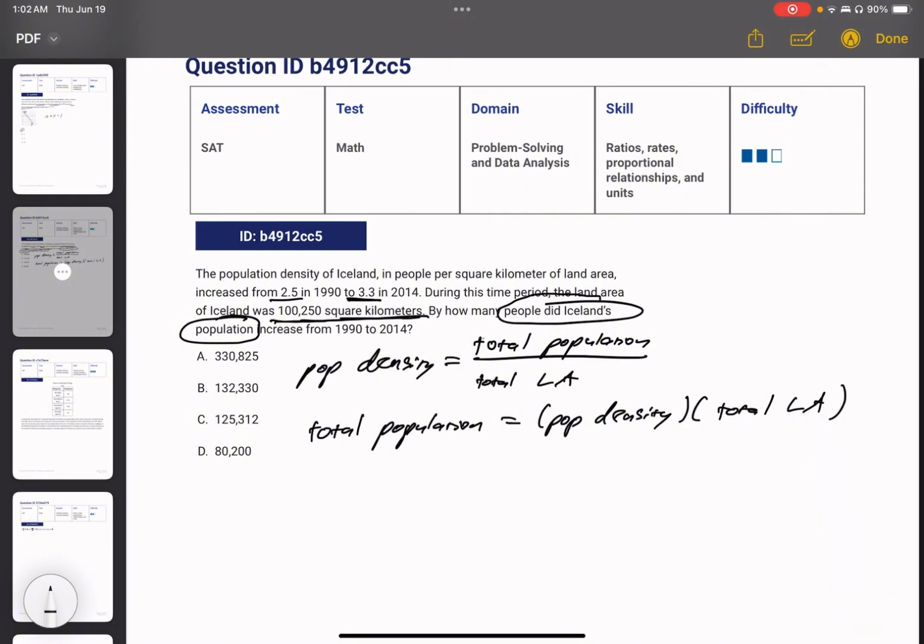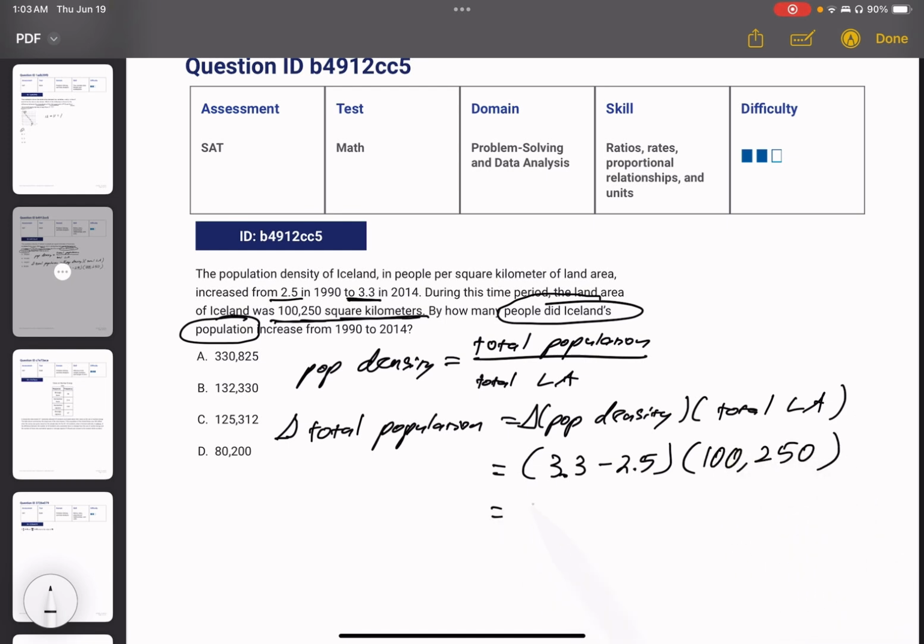And really, it's asking for the increase, so it's just going to be the change in total population is equal to the change in population density. This is delta, which just signifies change, the triangle. And total land area, we don't take the delta of that because land area remains constant in this situation. So the change in total population is equal to the change in population density, which is 3.3 minus 2.5, always new minus old. And now total land area remains constant, 100,250.